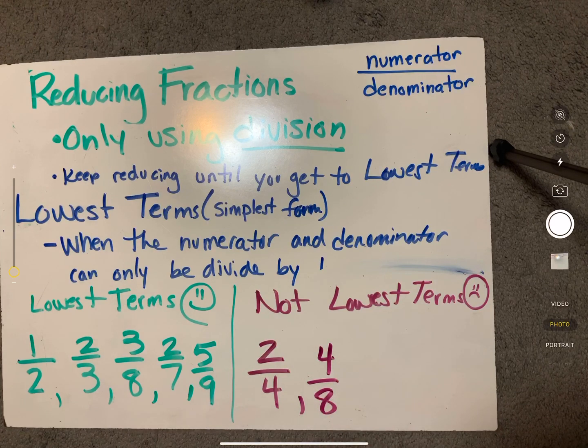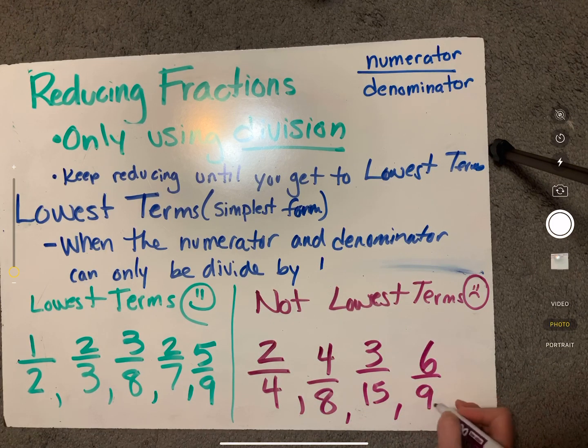Those can be divided by 2 and by 4. 3/15, those can be divided by 3. 6/9, that can also be divided by 3. And then 8/12, this could be divided by 2 and by 4. So this side is in lowest terms already. We can't reduce them any farther. And these are not in lowest terms yet, meaning we can divide them by more to change the numbers.